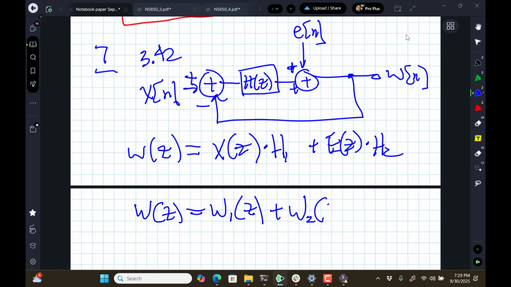So W1 of Z you get by turning off E and just applying X, and W2 you get by turning off X and turning on E. So how do you actually do either of these two block diagram things? This is the way I like to do it.